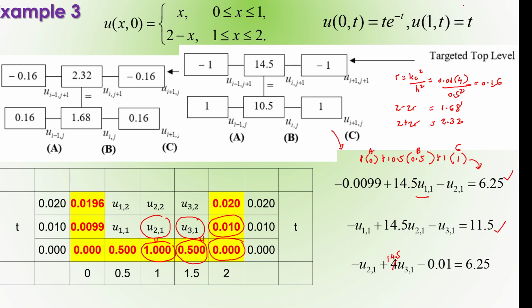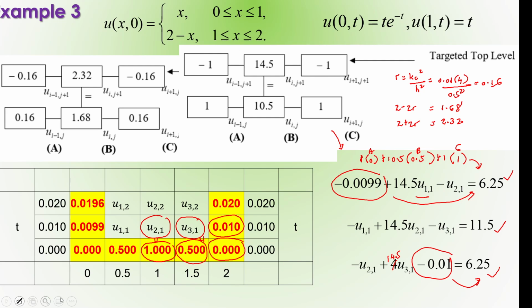So you get 6.25. Then later on, this value, negative 0.009, you collect to the right hand side. Solving these three linear equations together, you can solve U11, U21, U31.